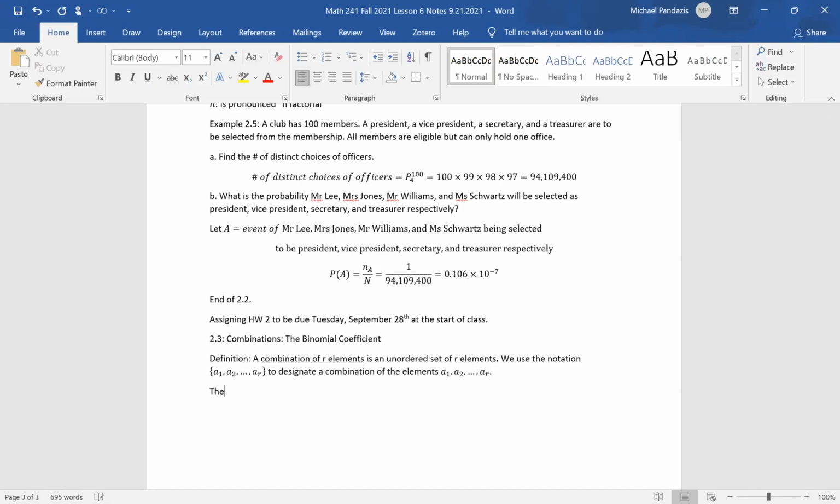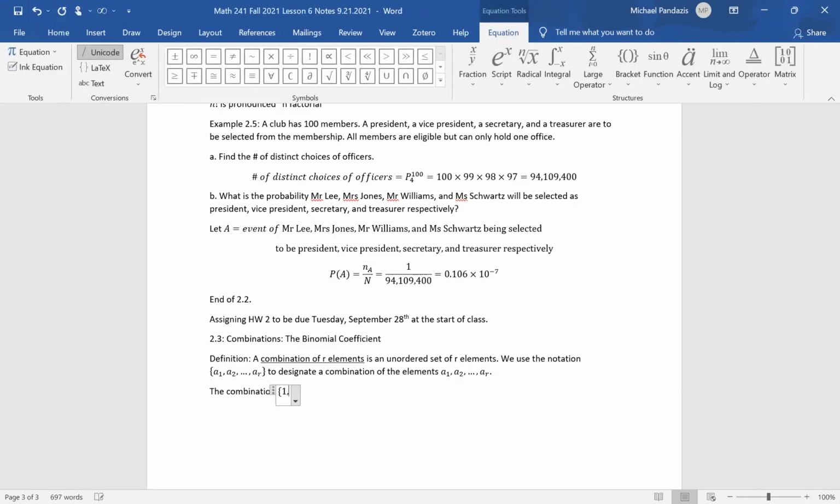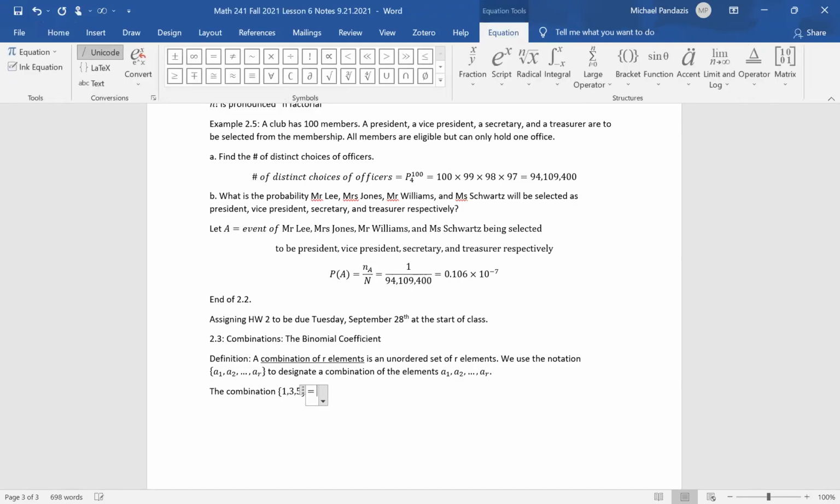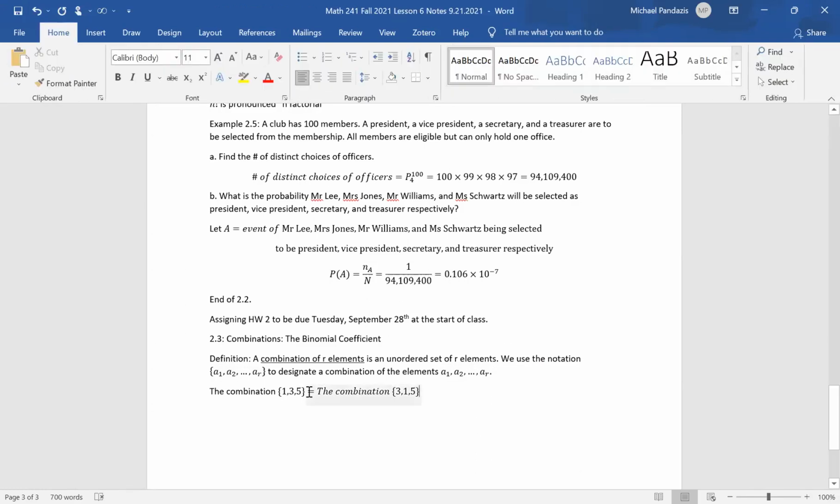And so from this definition, you can see that the combination 1, 3, 5, meaning you have the numbers 1, 3, and 5, is equal to the combination 3, 1, 5, where before the permutations were different.